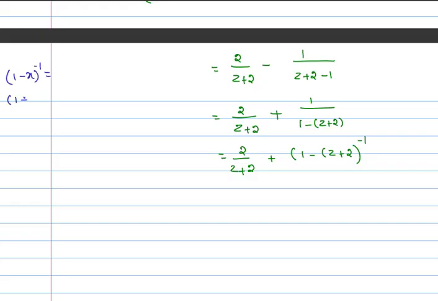To express this, you must remember these formulas: (1-x) to the power -1, (1+x) to the power -1, (1-x) to the power -2, and (1+x) to the power -2. You must remember these formulas, then only can you solve the problem in the exam.